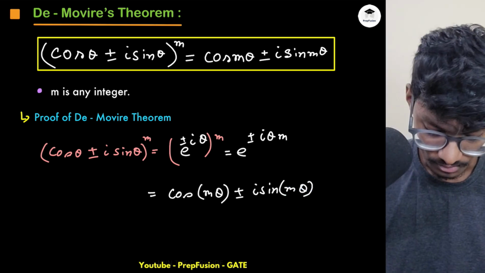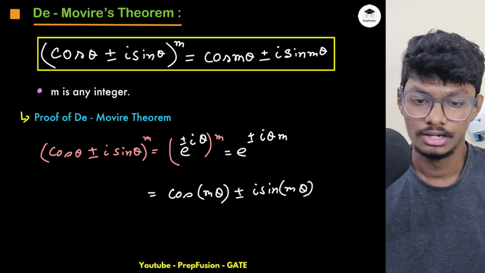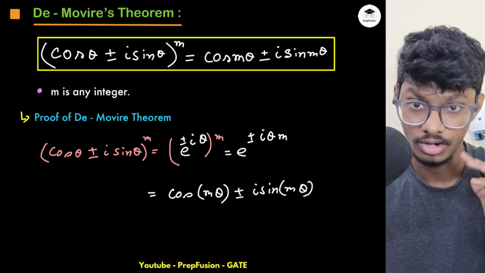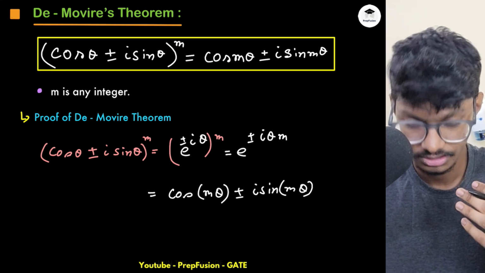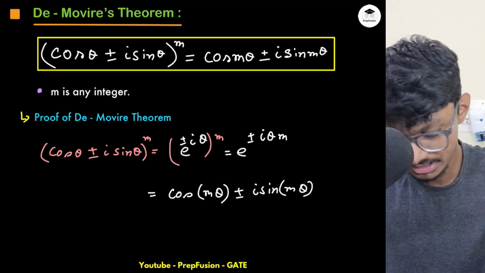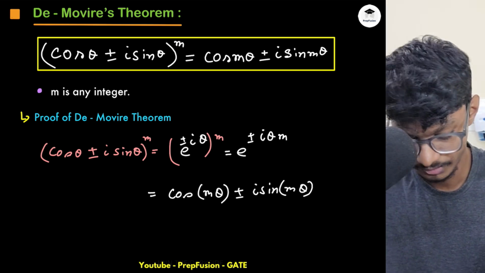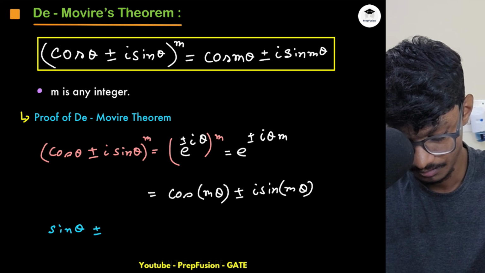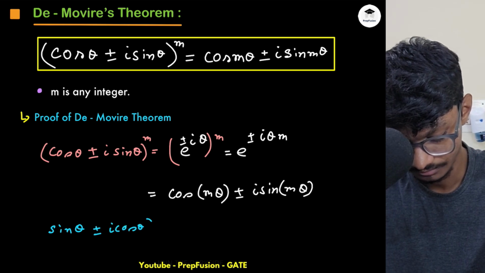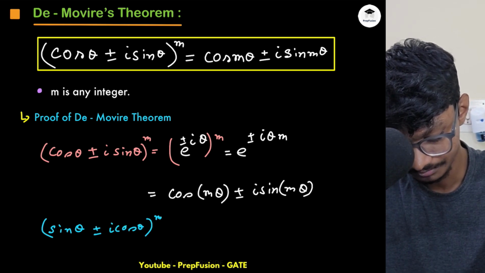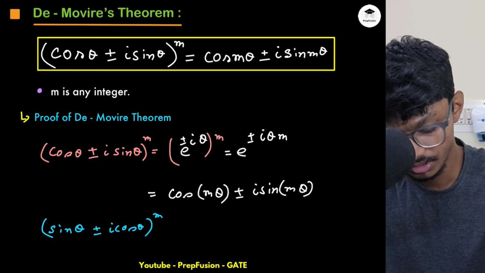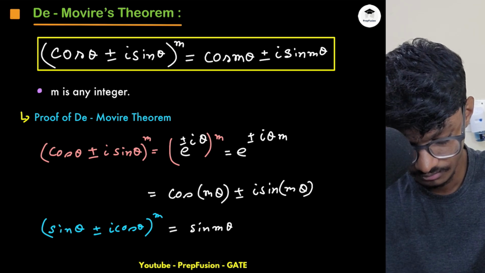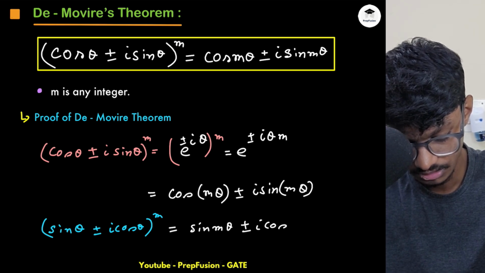Okay, so an important point is which things you cannot do. Basically, if I have sine theta plus minus i cos theta and I raise it to the power of m, will it be equal to sine m theta plus minus i cos m theta?